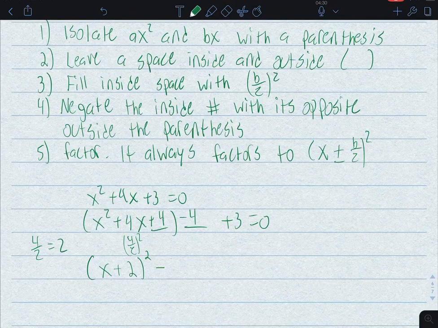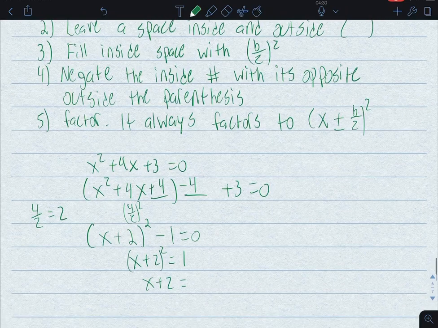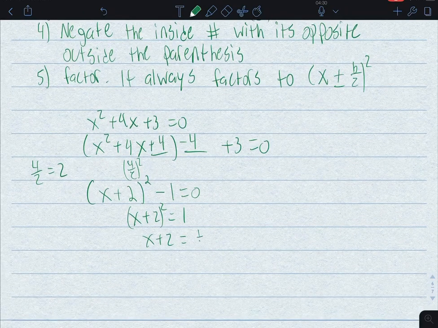Those two will combine to be negative 1 equals 0, and then you could solve it. If you square root 1, you're going to get plus or minus 1. So x equals plus or minus 1 minus 2.